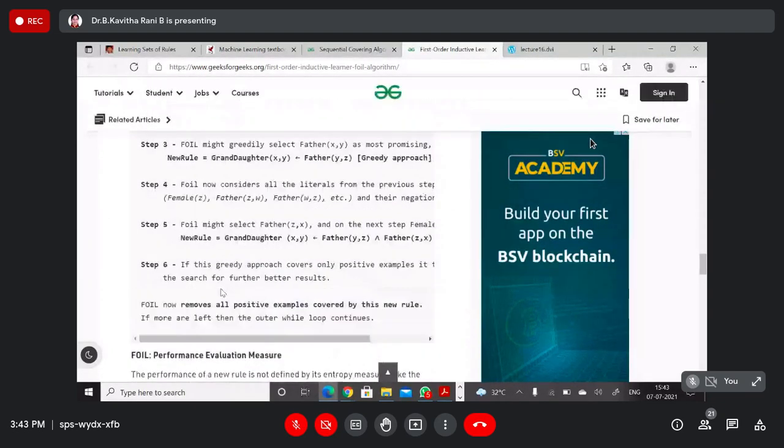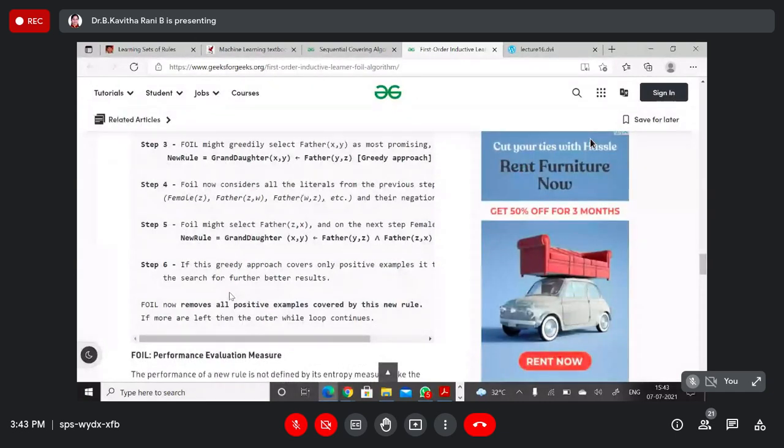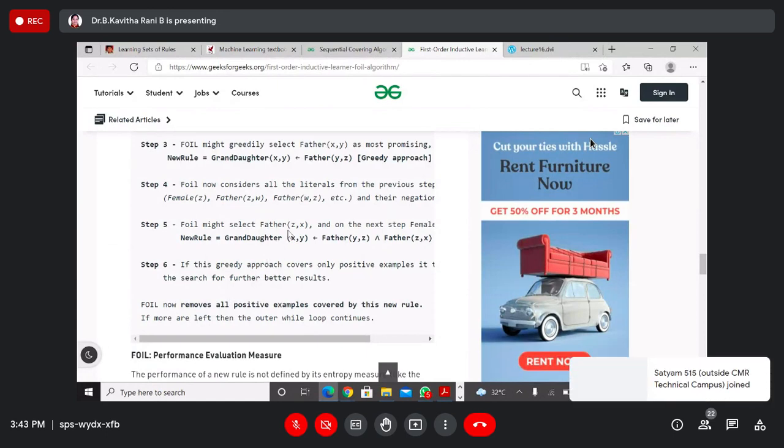So likewise you will be framing different types of rules by using different types of algorithms. One is the sequential covering algorithm, one more is learn one rule algorithm, another one is first order learning algorithm, inductive learning algorithm. Okay.